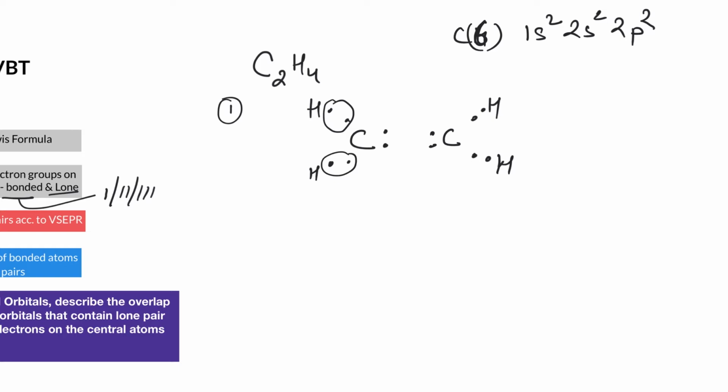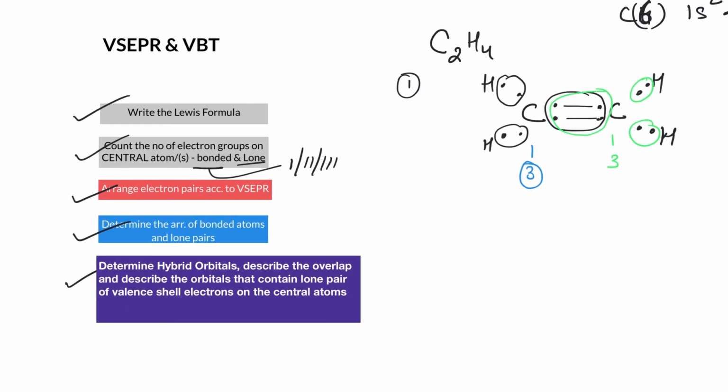Now remember that this is where the bond is. So for this carbon, we have 3 electron groups. Now if we go to this carbon, again we have 1, 2, and 3 electron groups. So again we have 3 electron groups for each carbon. So we count the number and then we arrange them according to VSEPR.